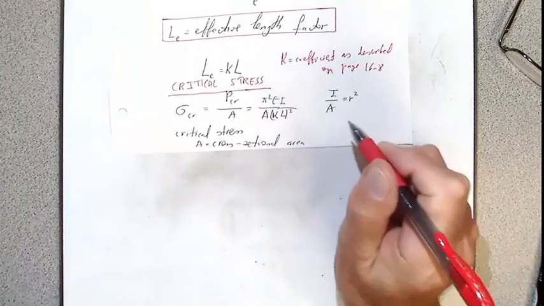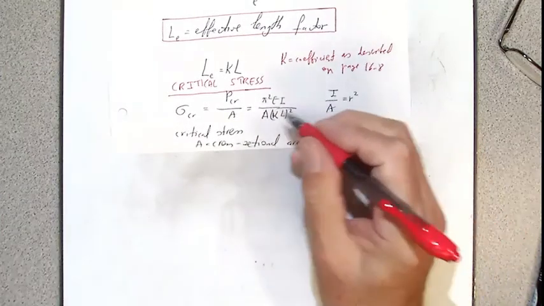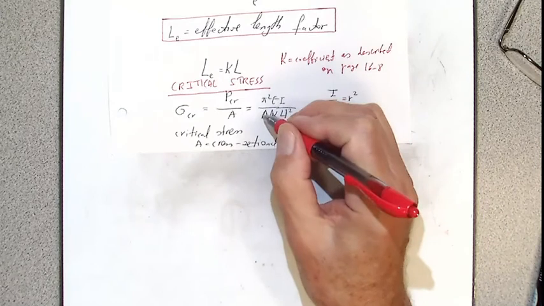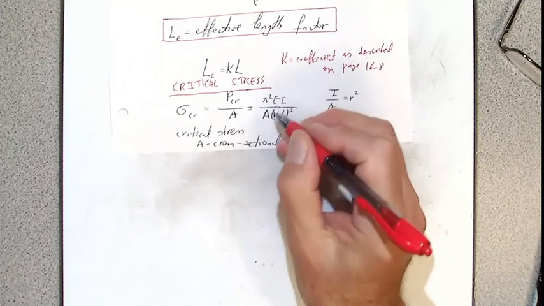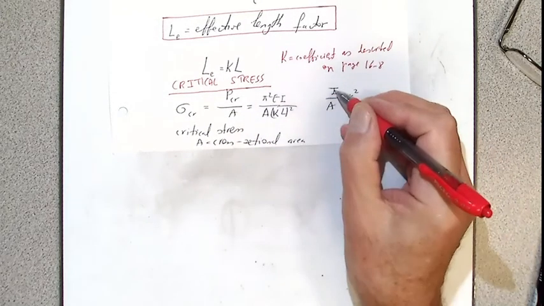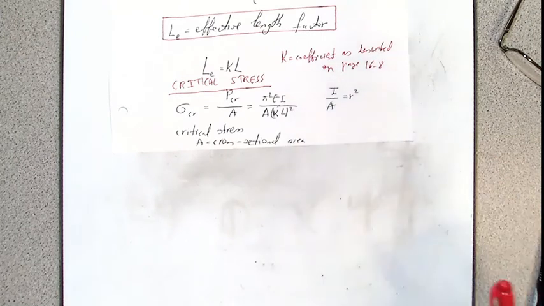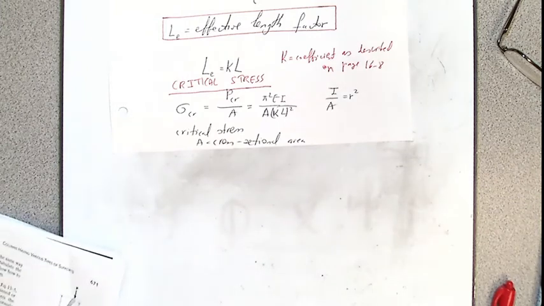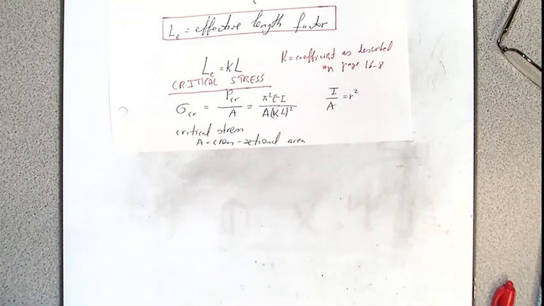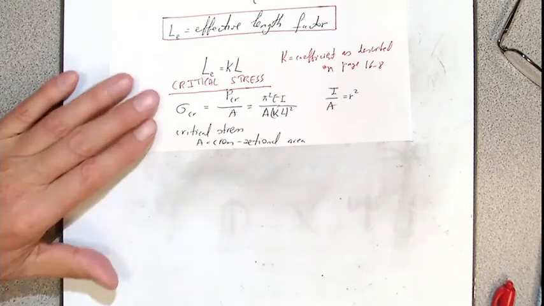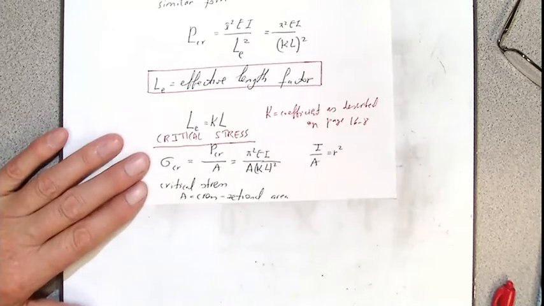So now there is this I divided by A. That is a moment of inertia, that is A. That is area of the cross section. So let us continue with this.